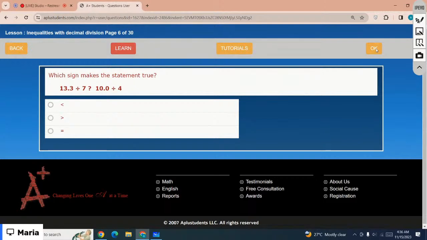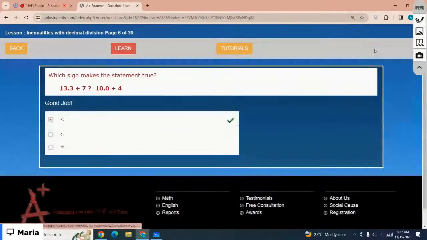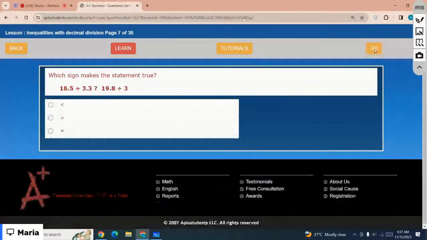And 10 divided by 4 is 2.5. So obviously 1.9 is less than 2.5, right? The correct option is less. So that is less.